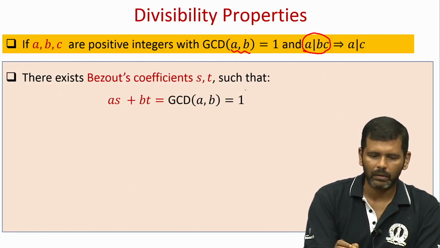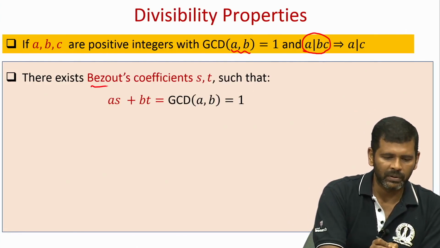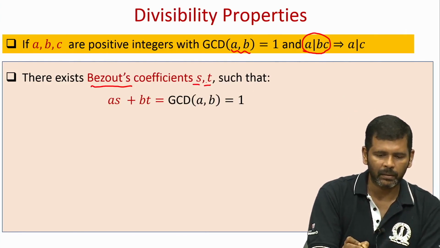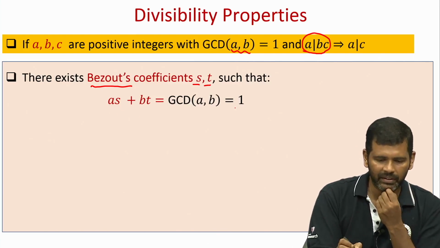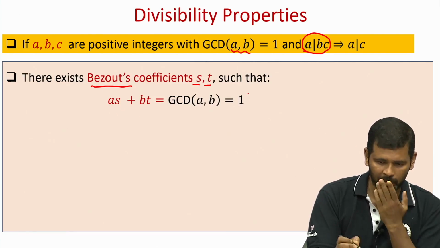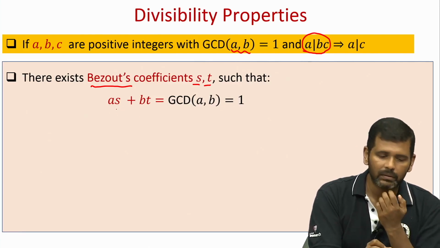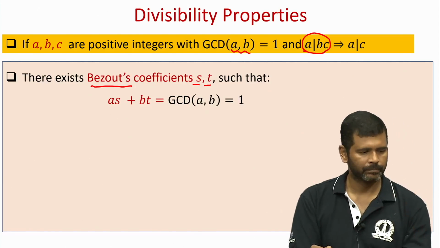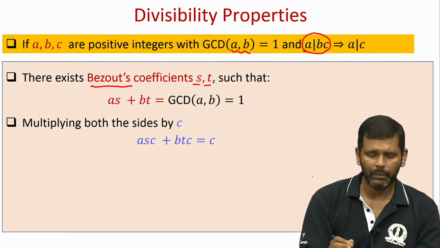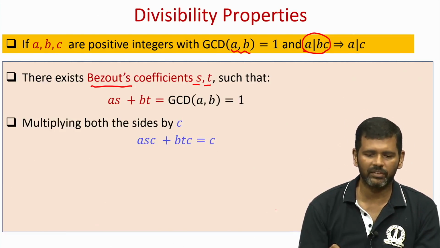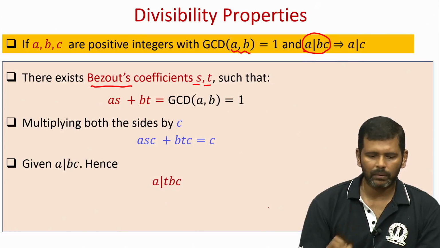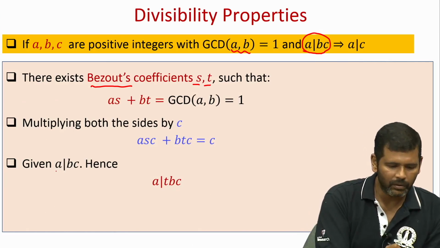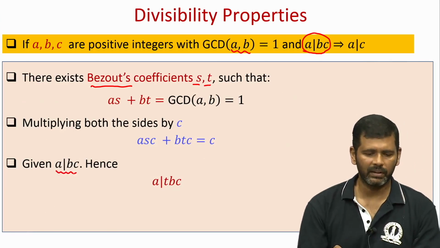As per Bezout's theorem, we have integer linear combiners S and T such that I can write the GCD of a and b, which is 1 as per my premise, as S times a plus b times T. Now, if I multiply both the sides of this equation by c, I get this equation. It is given to me that a divides the product of b and c, and hence it divides any multiple of b times c.